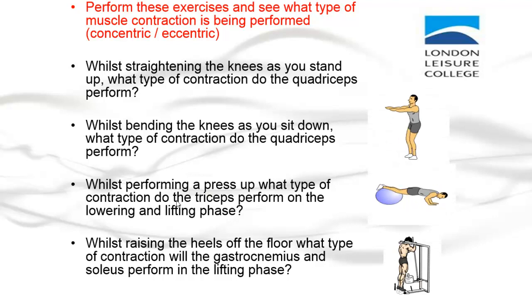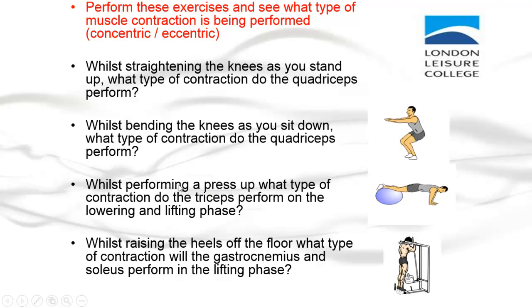Okay, so while straightening the knees as you stand up, this part, and this part, what type of contraction do the quadriceps perform? Whilst bending down as you sit down, now, and now, and now, what type of contraction do the quadriceps perform? Now let's look at this one.